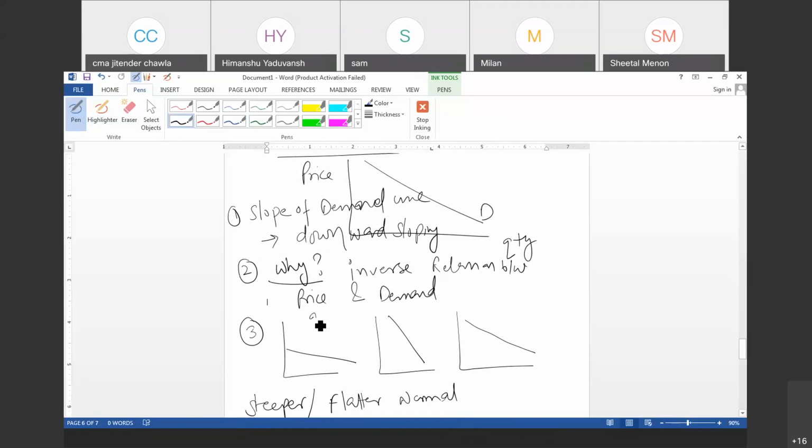This one is the flatter curve, this one is steeper, this one is normal.